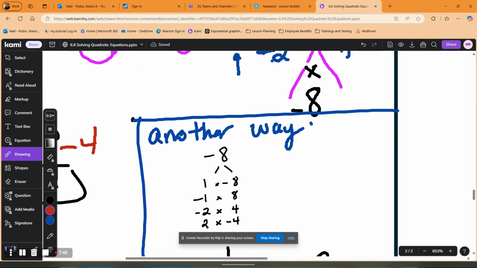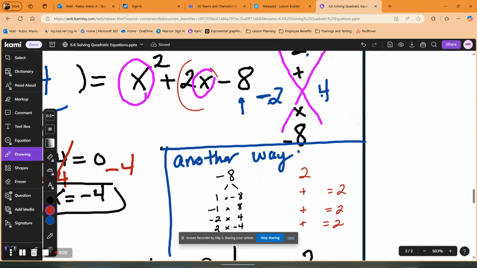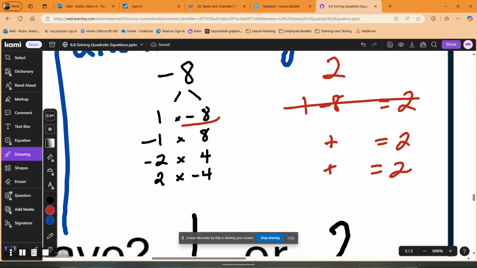Okay. For this one, we're looking for the constant term, we look for multiples. For this term, we look for additions. What plus what gives me 2? So from these factors, which ones when you add give 2? Does 1 minus 8 equal 2? No. Does negative 1 plus 8 give me 2?